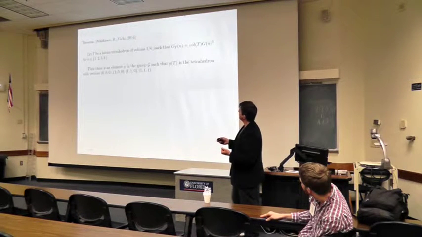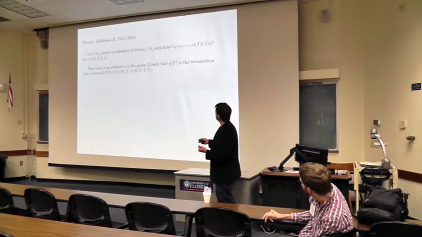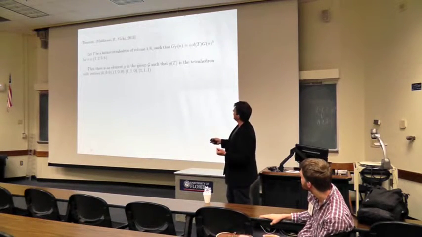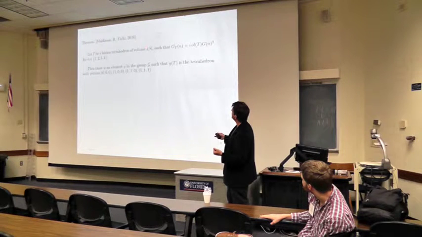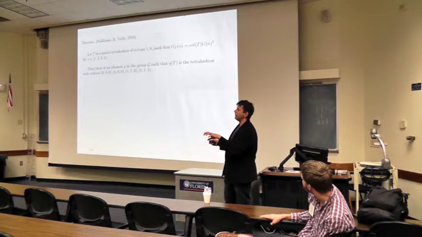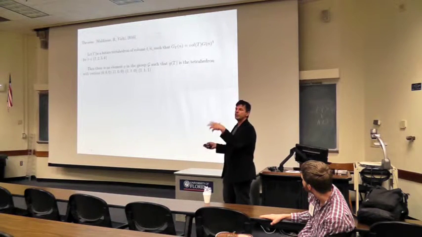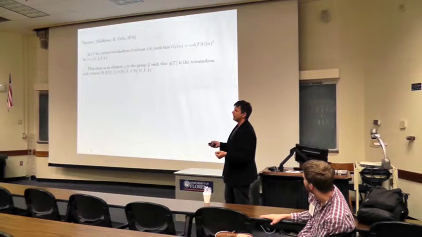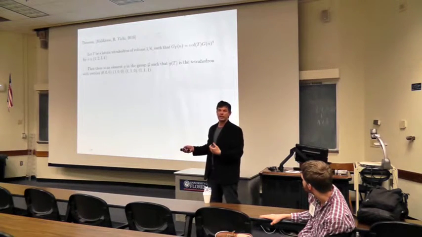We said, okay, so let's look at the fundamental domain for this Weyl group, and if you have a lattice distribution of volume 1/6 such that it has the Gauss sum closed form, it doesn't necessarily have to be a fundamental domain or an image of the fundamental domain. And so it turns out it does, but this took almost 20 pages of hard computation. So we don't have really the right tools, I think.